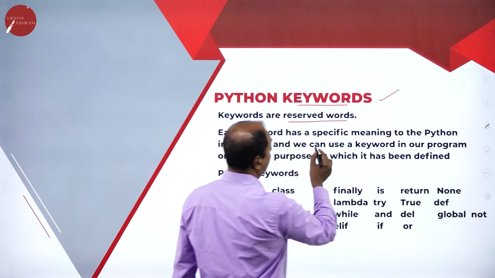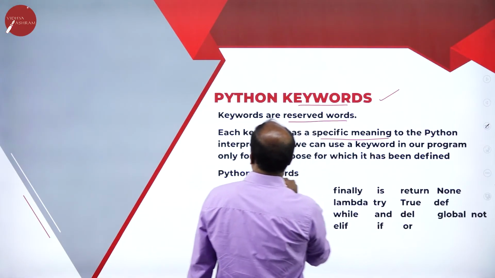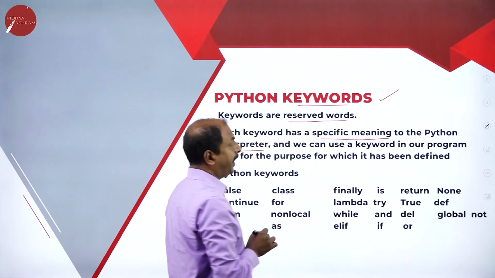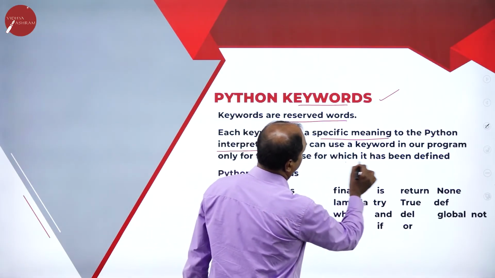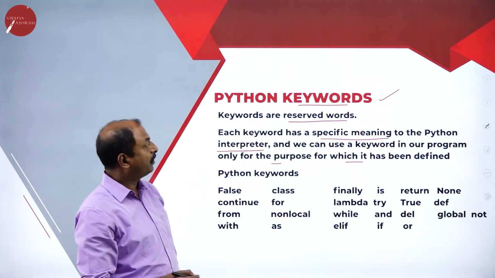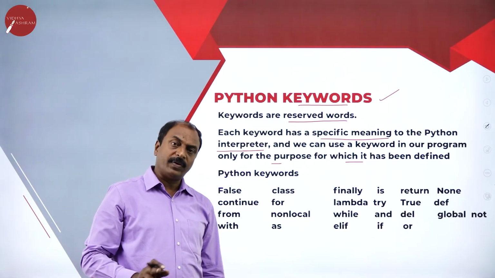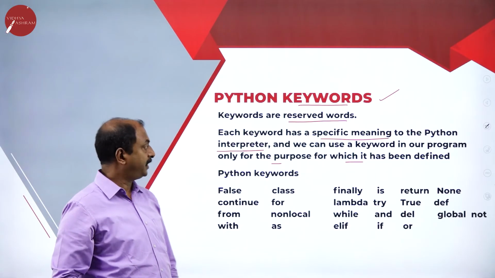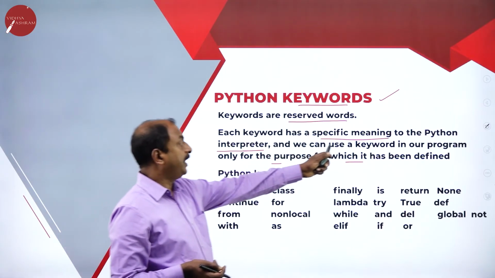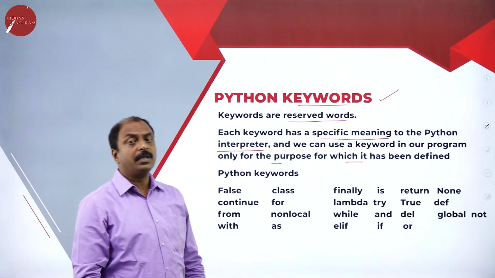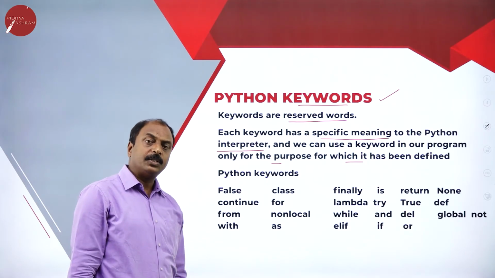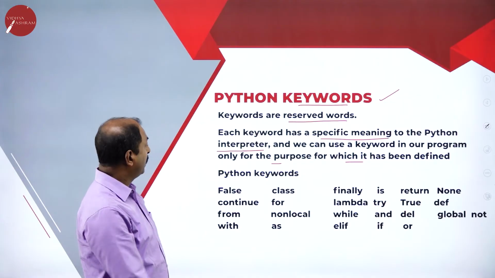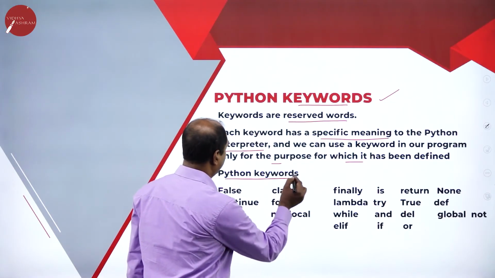Each keyword has a specific meaning to the Python interpreter, and we have to use the keyword exactly as it has been defined in the language, without any changes. It carries a special meaning to the Python interpreter because Python uses an interpreter for executing Python statements.